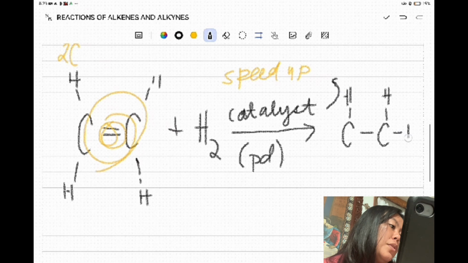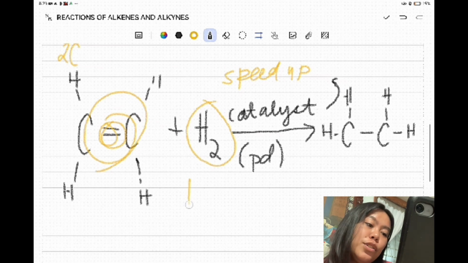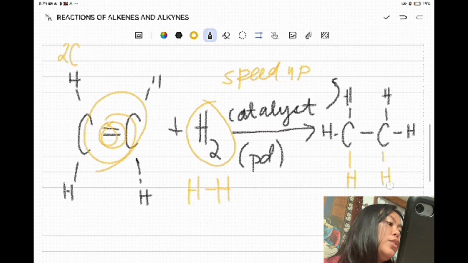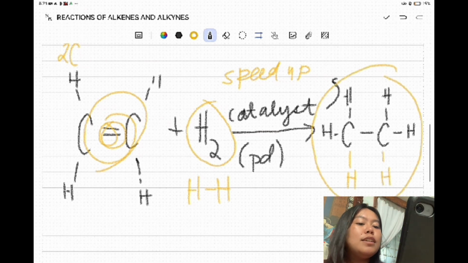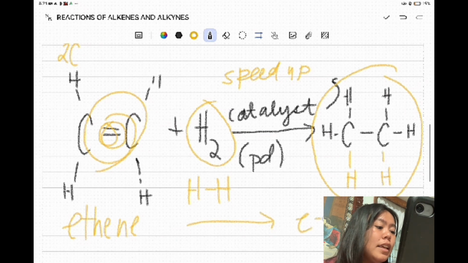Now let's not forget to add H2, the two hydrogens. The structure is like this, H to H, and we add two lines. So from ethene, it becomes ethane.